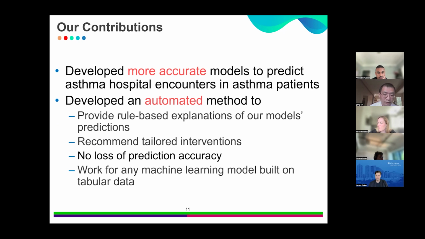In addition, what's unique about our approach is that we can automatically recommend tailored interventions for the patient without losing any prediction accuracy. Among all the automatic explanation methods that have ever been published in the literature, our method is the only one that can automatically suggest tailored interventions. And our method is general. It works for any machine learning model that's built on tabular data.